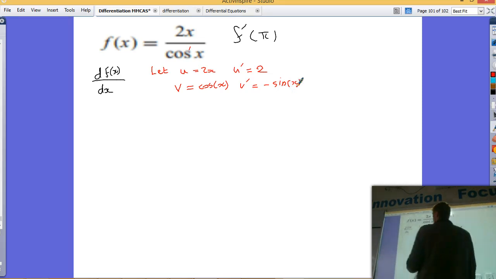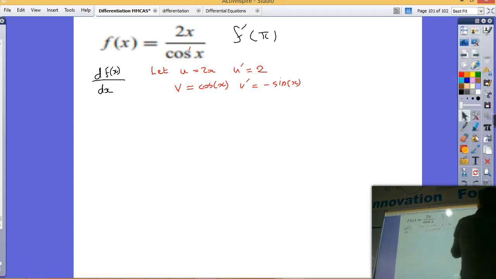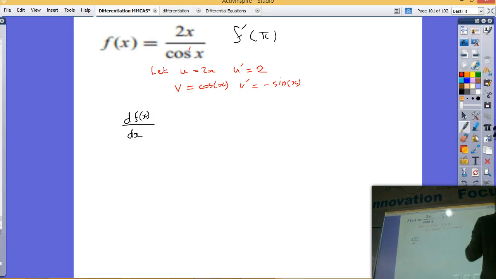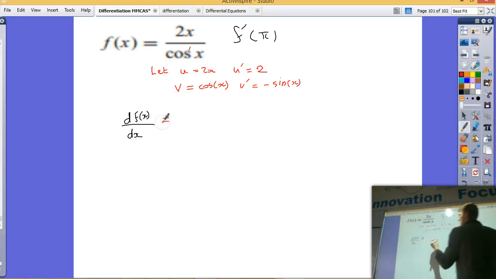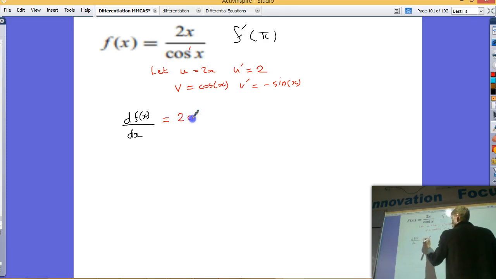All right, put it all together. Our derivative now is applying the rule. Do you remember what it is? I do off the top of my head. V times u dash. So I'll have a 2 cos in the first part.